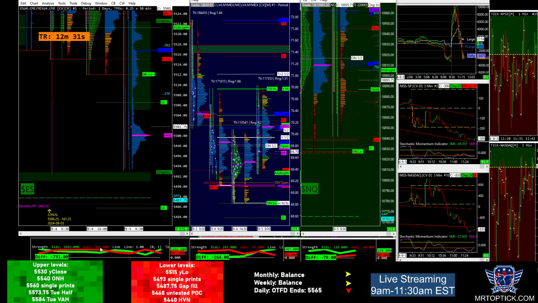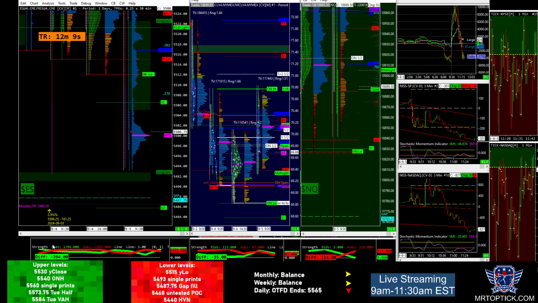And you can see now that they're pulling the offers, the bids are stacking, and we're moving higher. You see now 2,000 on the bid, 800 on the offer. Now, if this reverses, then you know that, okay, maybe this move is over for now.